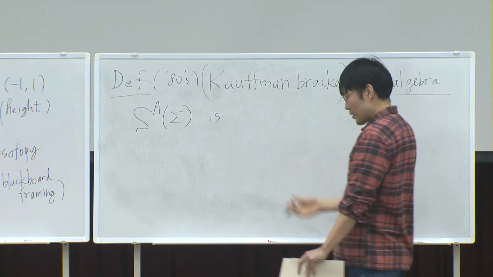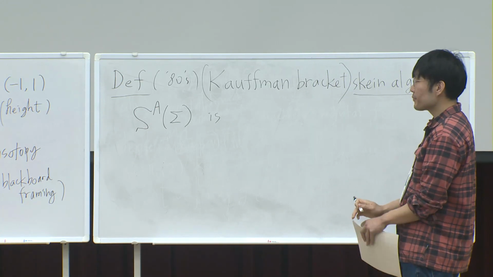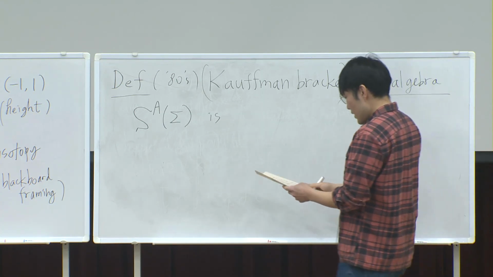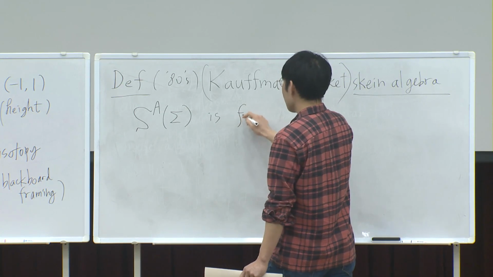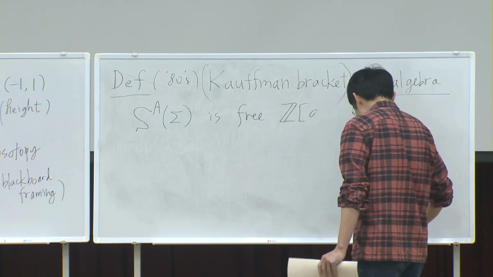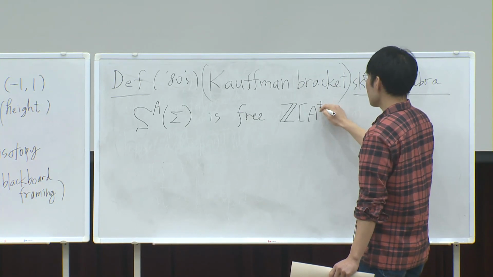I'm going to give you a vector space structure and then a multiplication structure. More precisely, it's a module over a coefficient ring, and as the coefficient ring today I will take Z[q, q inverse] or Z[A, A inverse]. So this is the coefficient ring.